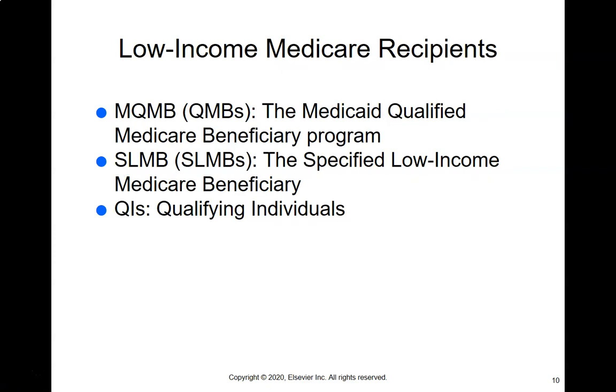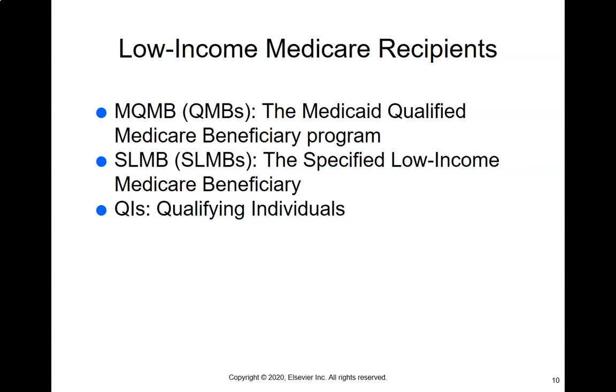Low-income Medicare recipients. The QMBs, the Medicaid Qualified Medicare Beneficiary Program, is for the elderly and disabled below the poverty line. They pay Medicare Part B premiums, deductibles, and copays. The SLMBs, the Specified Low-Income Medicare Beneficiary, are the elderly who are 20% above the federal poverty line.